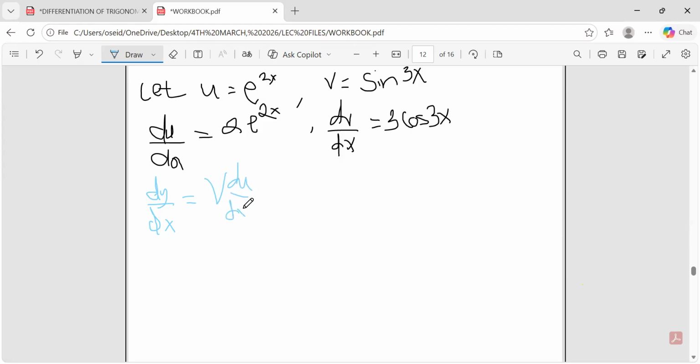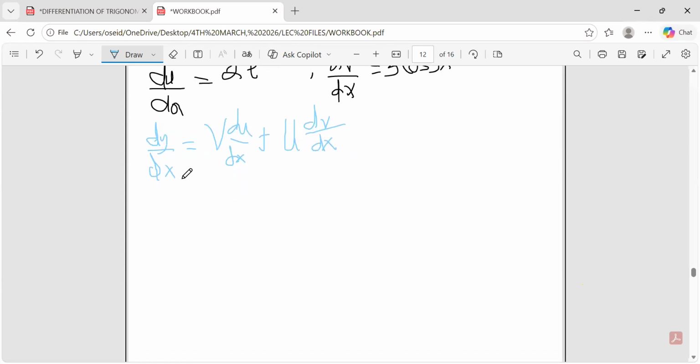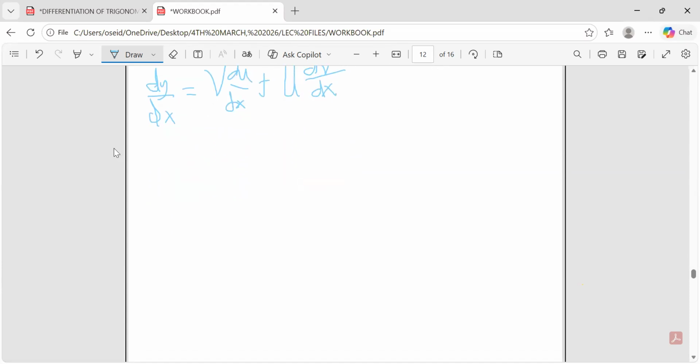You see, it's not anything different from whatever we did the other time. It's the same thing. So if you didn't understand whatever we did the other day, you might be suffering now. But if you follow it patiently, by the end of the class, you are going to get it, because it's nothing different, just that we are working with trig ratios today. All right.